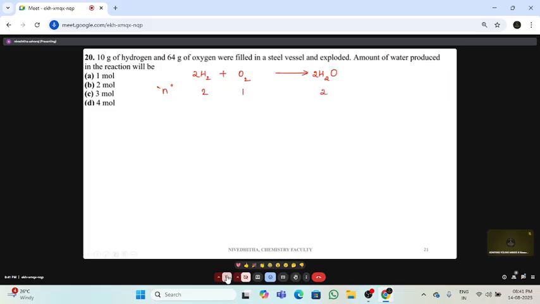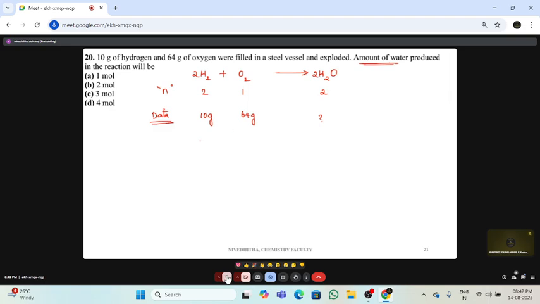2 moles of water. But the data given here is in terms of grams. So it is 10 gram of hydrogen and 64 gram of oxygen. And they're asking us to calculate the number of moles of water. So whenever the data is given in terms of weight, we have to convert that into number of moles.